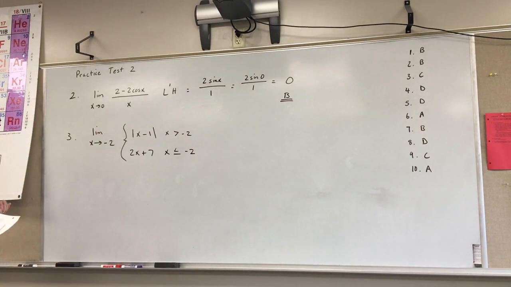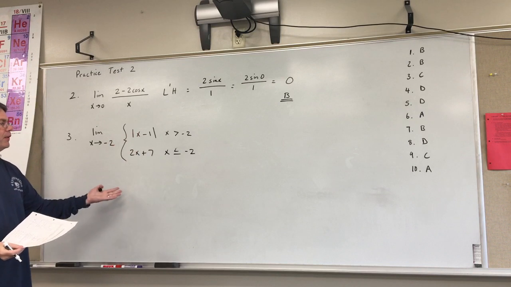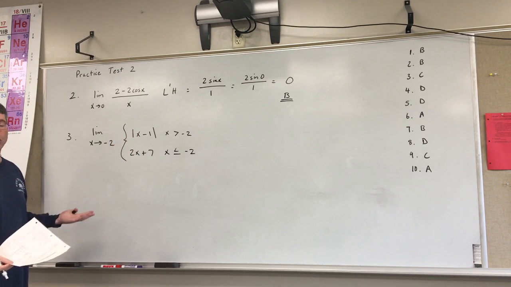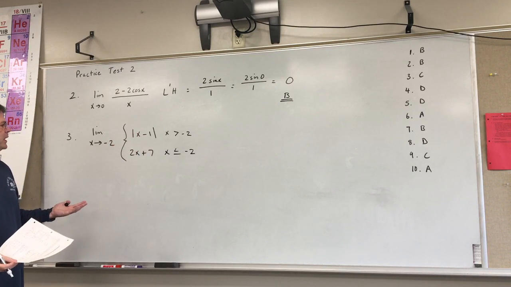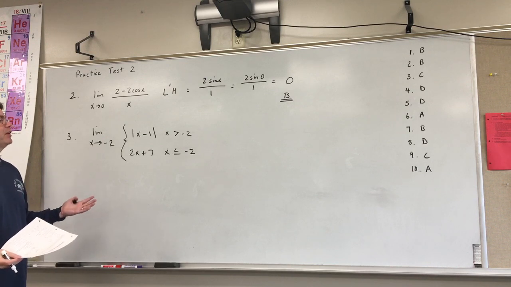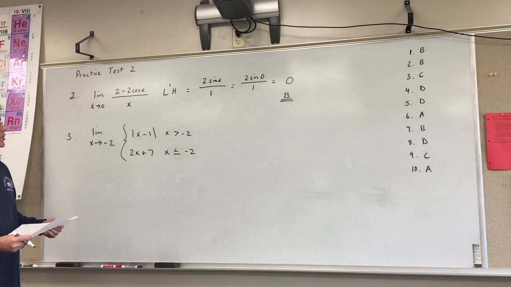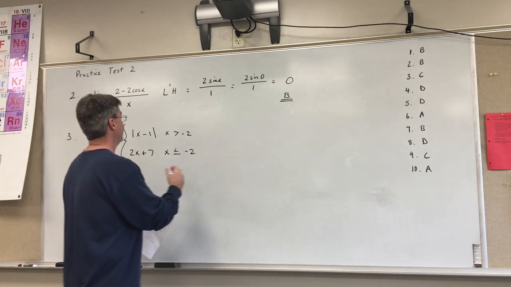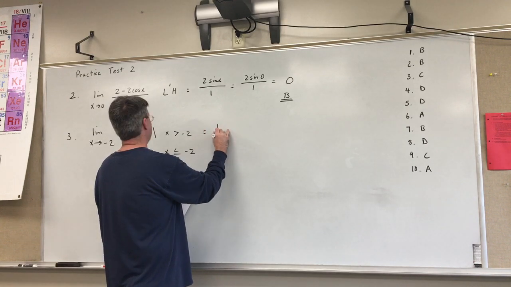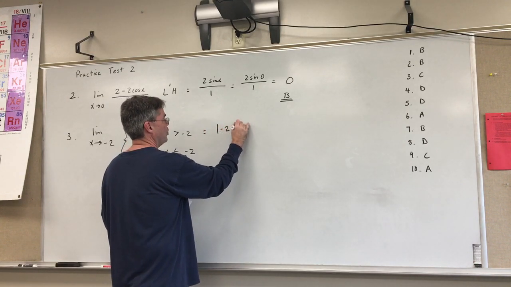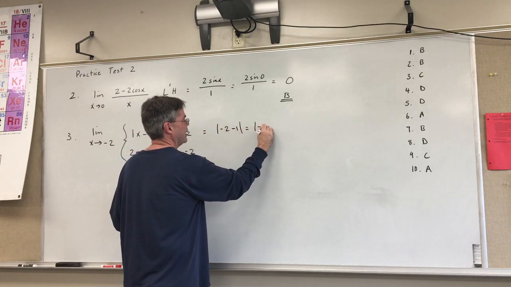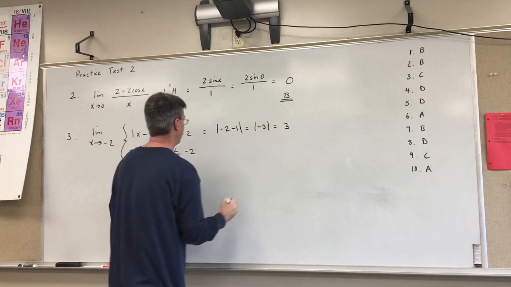All right, so what you want to do is just plug -2 into each part. If they are equal, then the limit as you approach -2 from the left and the right are both equal, then the limit exists. Okay, so let's plug in -2. That'd be absolute value of -2 minus 1, which is the absolute value of -3, which is 3.